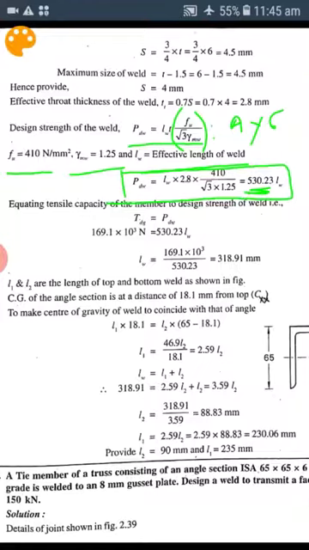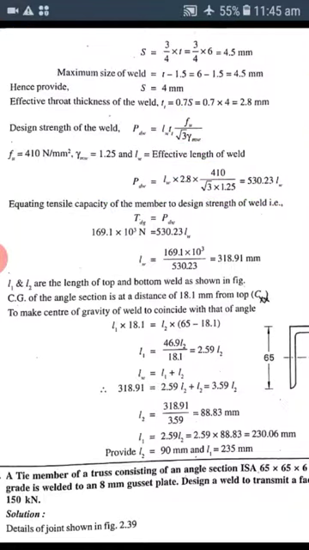Here what is done is equating the tensile capacity of the member to the design strength of the weld. Whatever tensile capacity you have obtained, you have to equate to the above equation. You will get the length of the weld here.